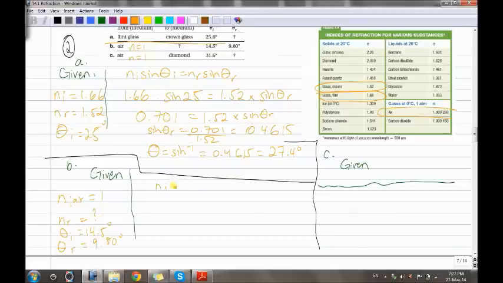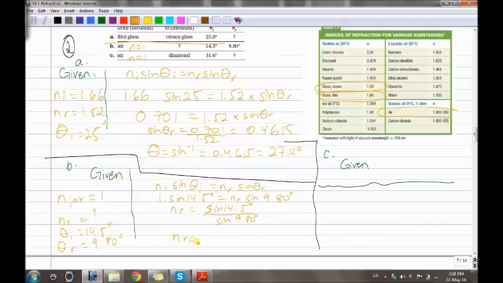So let's apply the formula. The Ni of air, which is 1, times sine theta I, which is sine 14.5 degrees, equals the Nr, which we need to find, times sine theta R, which is sine 9.80 degrees. So we divide. Nr will be sine 14.5 degrees over sine 9.80 degrees.